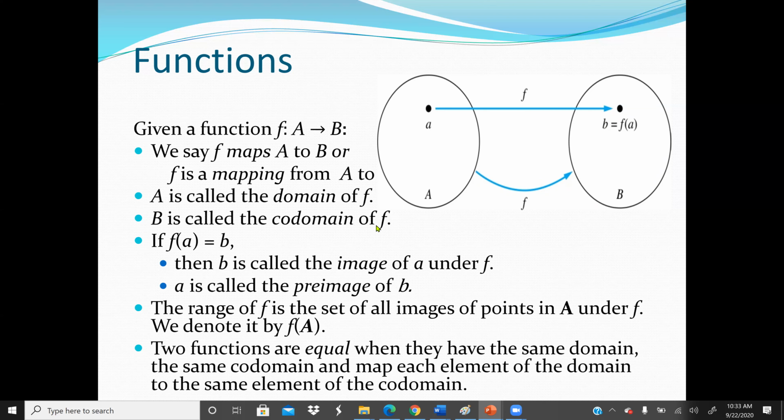And a will be called the pre-image of b, because a will generate the b. Then the range of the function is the set of all possible images of points a under the function. And we can denote that by f(A).